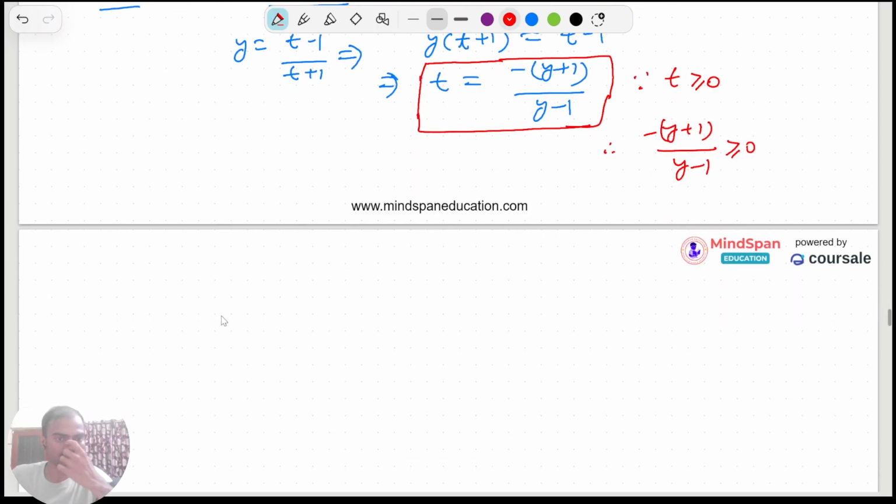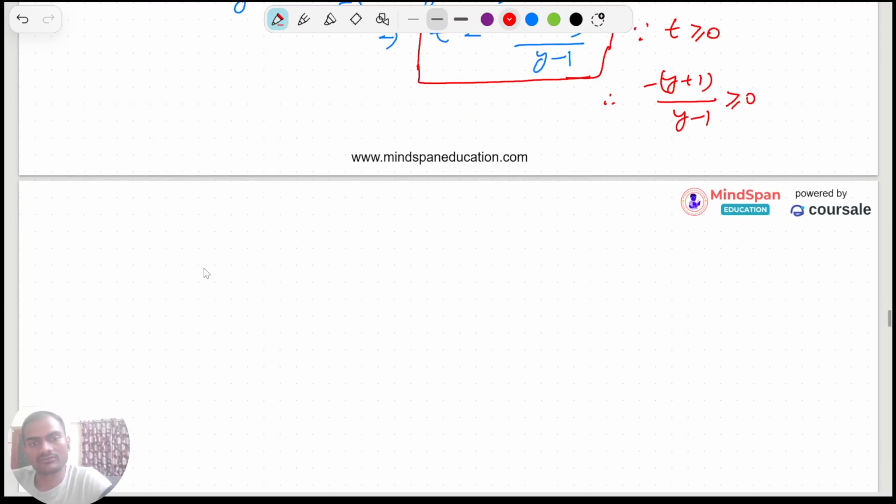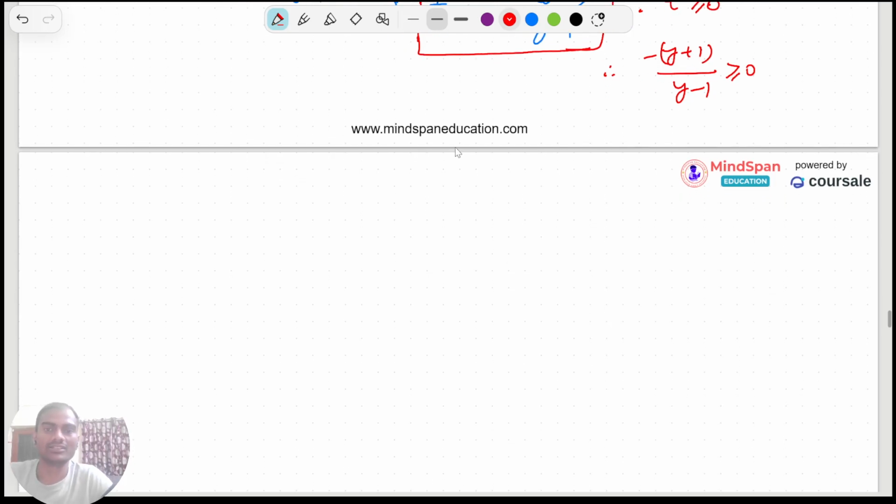Now we will apply the wavy curve method that we have already seen in a previous lecture, to find the exact critical points and everything. The first thing about that method is we should not keep any y coefficient as negative. So this will become (y plus 1) over (y minus 1) less than or equal to 0.